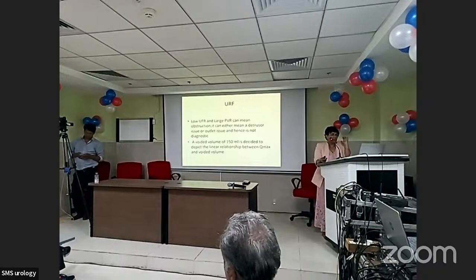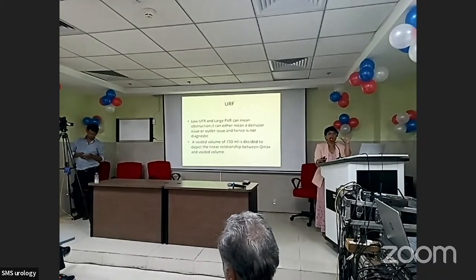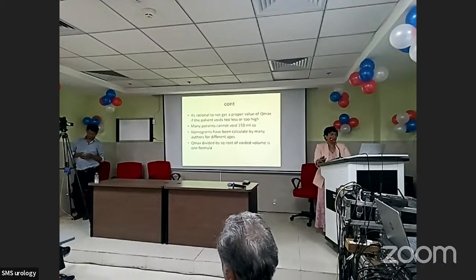The minimum volume which we need to depict this linear relation between the PDET and the voided volume should be 150 ml. Now, it is not rational to get a proper value of the Qmax, or the PDET at Qmax, if the patient voids only 50 ml or if he voids 1000 ml.